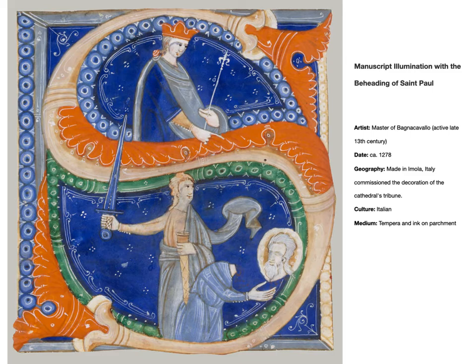Often these illustrations were in the choir books, which were completed alongside a cathedral. And the medium is tempera and ink on parchment. Parchment could have been animal hide, or it could have been a carefully made, thick kind of paper.